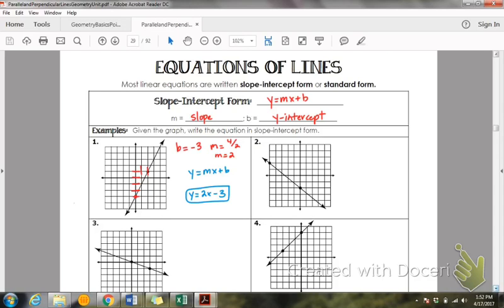Are you going to say the answer? Okay, just a minute. So we're getting our b value to be -2.